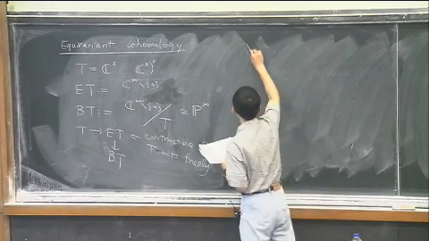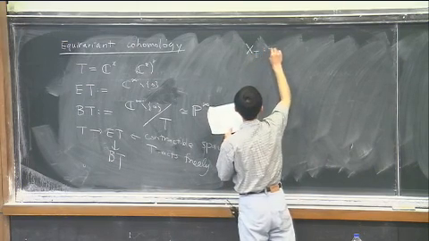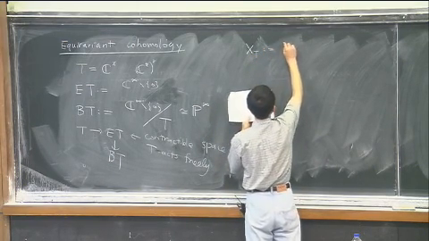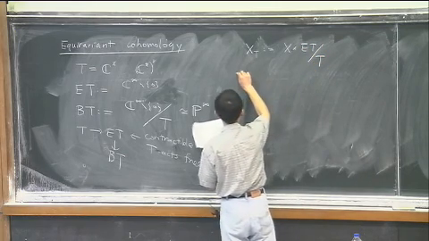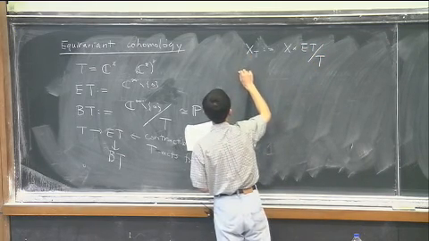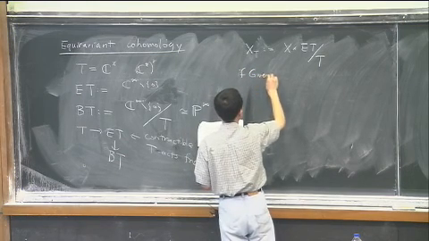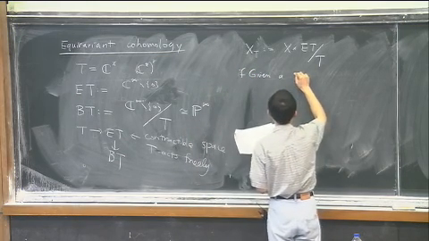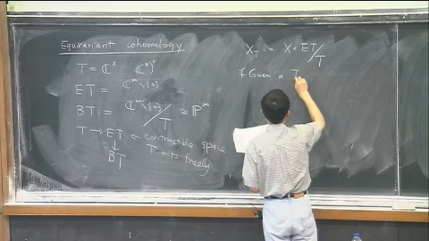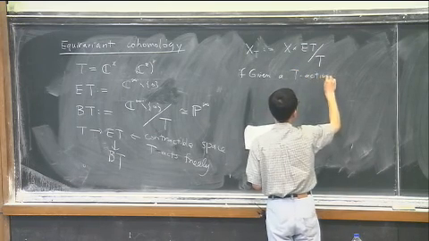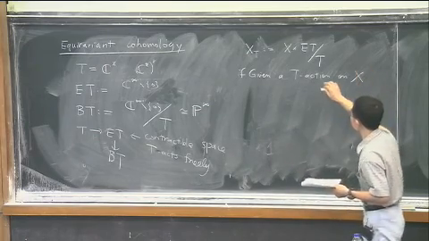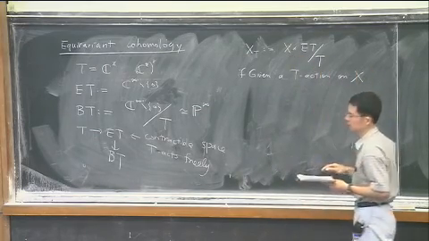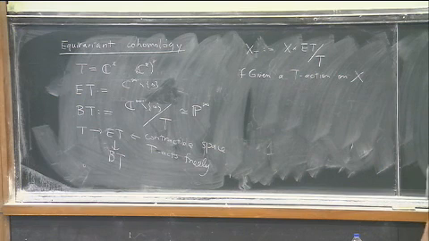I'll define X_T to be the quotient by T. Given a T action on X, I can always form this space, because T acts on X and T also acts on ET.